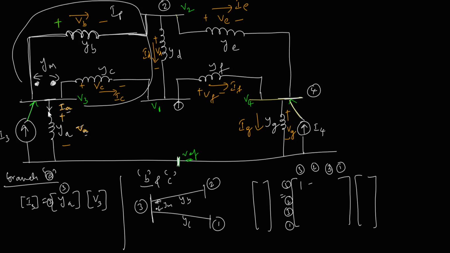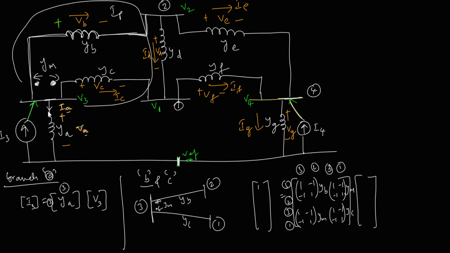So this will be 1 minus 1 minus 1 1 times YB, 1 minus 1 minus 1 1 times YM, 1 minus 1 minus 1 1 times YM, and 1 minus 1 minus 1 1 times YC.